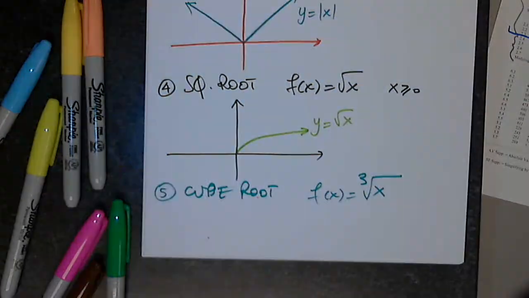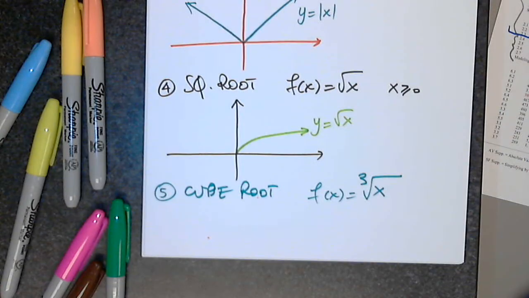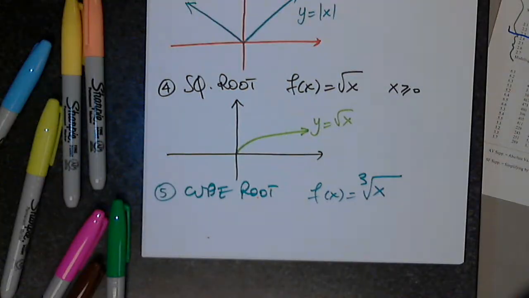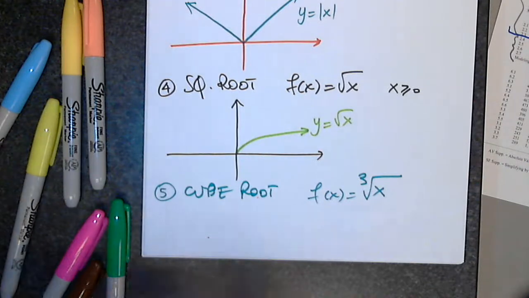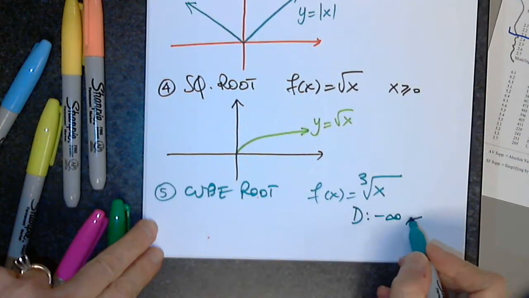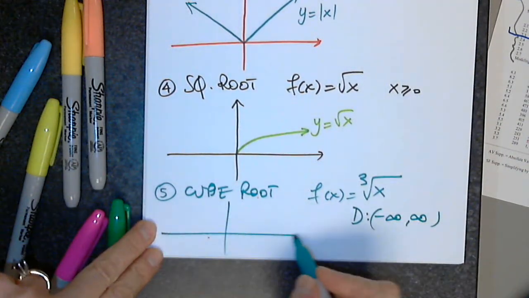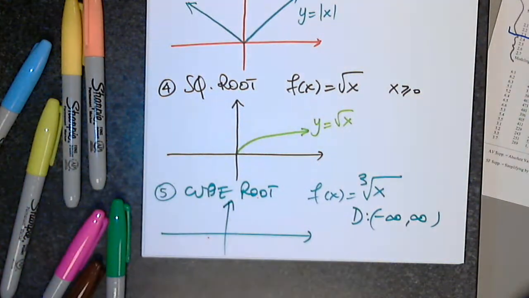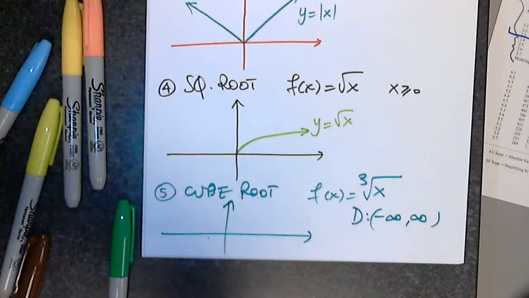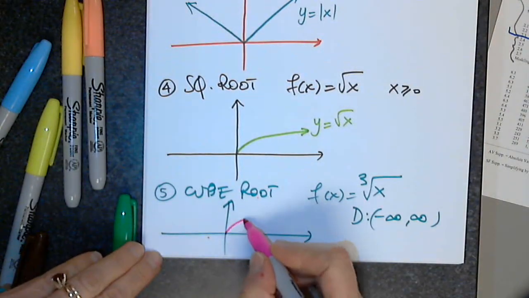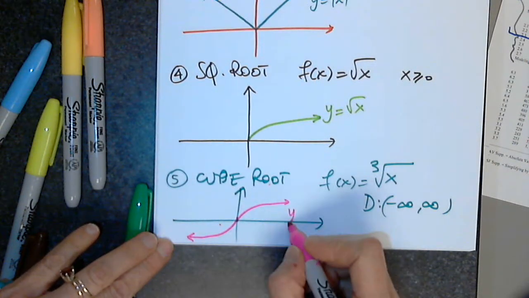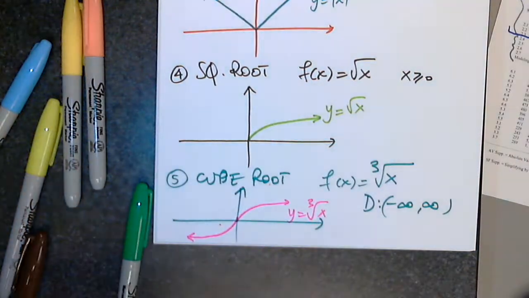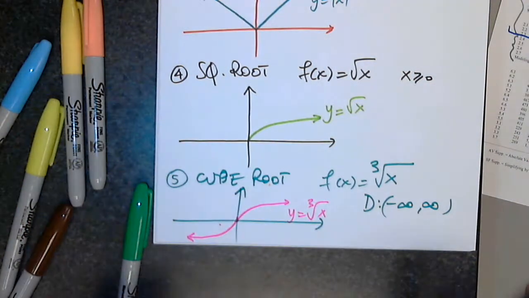Yeah. It's negative and positive. Awesome. Here's the graph of the cube root. Cube root is friendly. Square root is not. Very good.